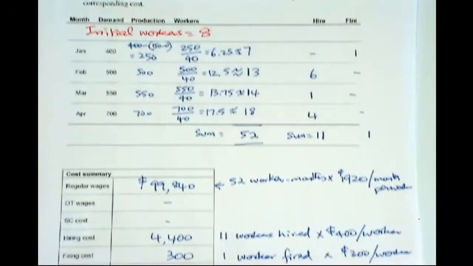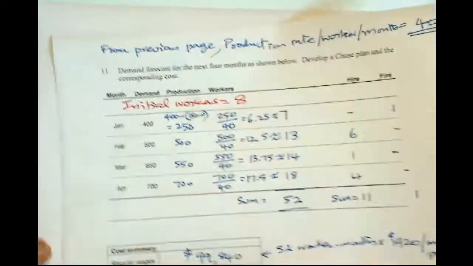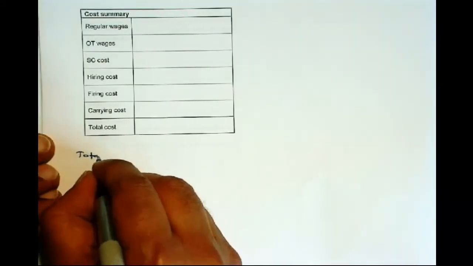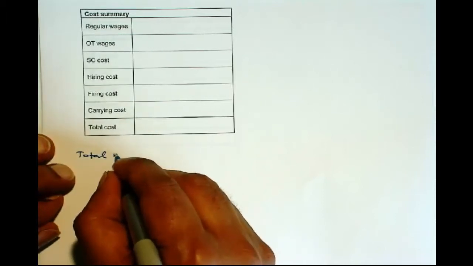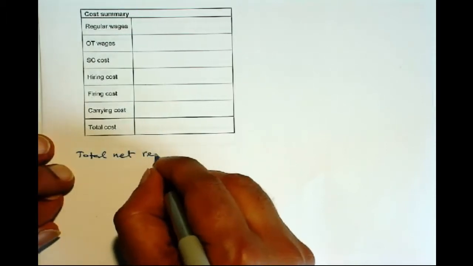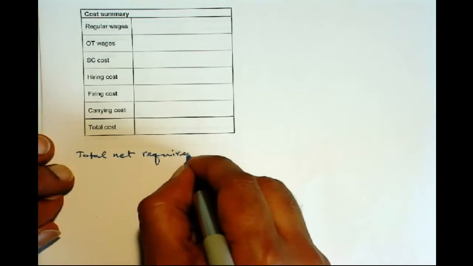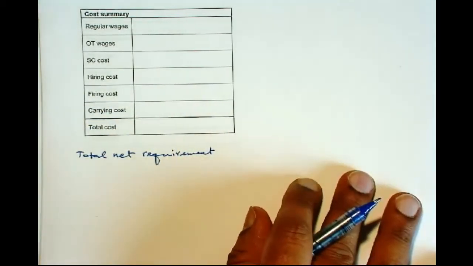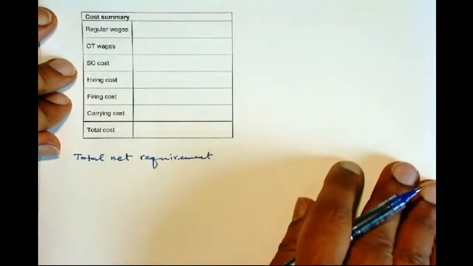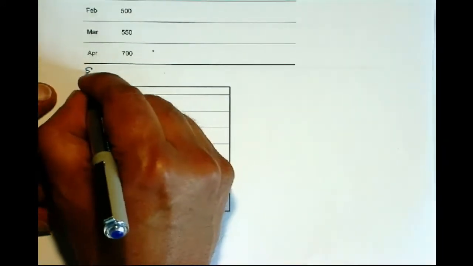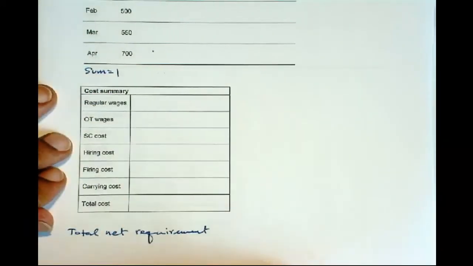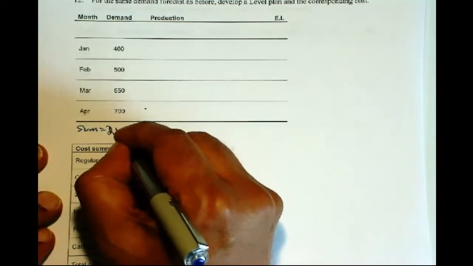Next, let's work a level plan. Total net requirement or demand is, this sum is 2150.